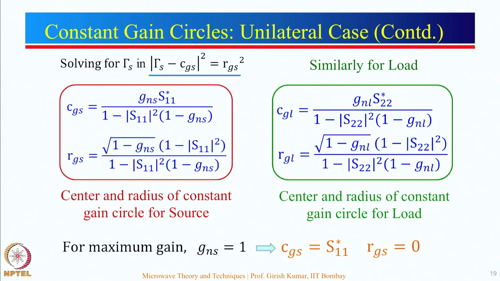This is kind of obvious, because for maximum gain we know that gamma S should be equal to S11 conjugate, and that will be a single point. So, for maximum gain, this expression reduces to this simple form, whereas for other values of GNS, we have to calculate CGS and RGS. In the same way, one can derive the expression for the load side.